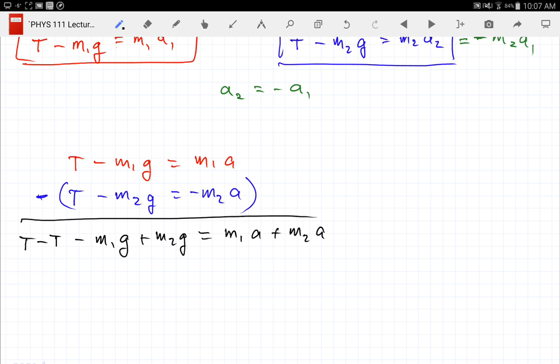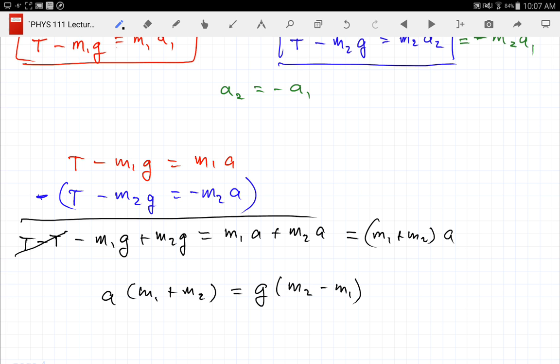Notice on the bottom, because of the subtraction, I had to change all the signs. The right-hand side, I can factor out the M1 plus M2. These here add out to 0, and I'm left with A times M1 plus M2 is equal to G times M2 minus M1. There you get the difference that was mentioned by Tyler.